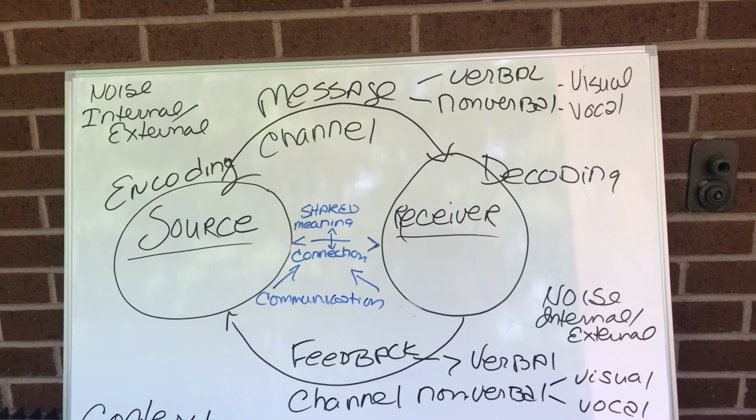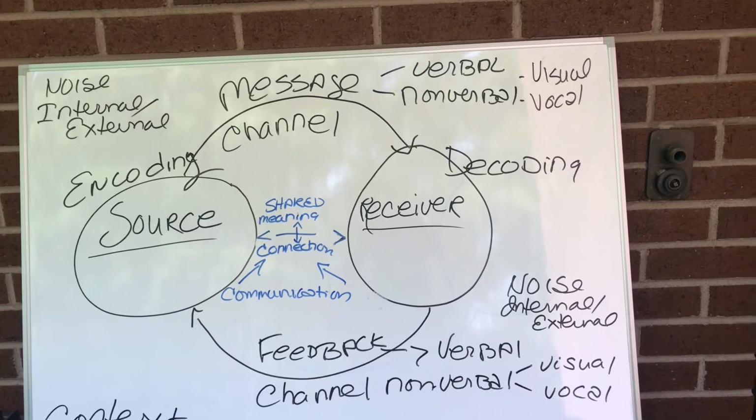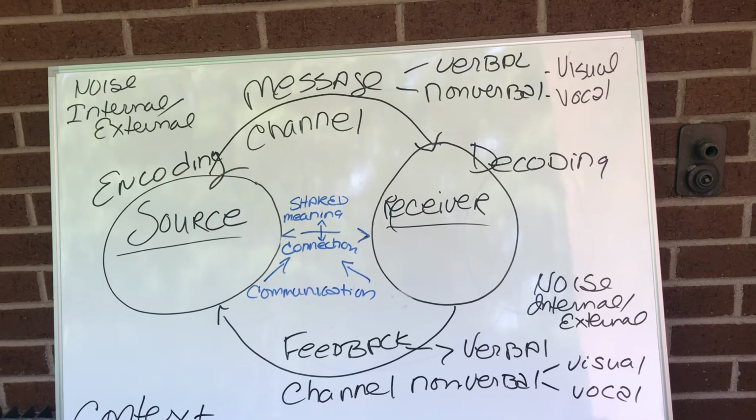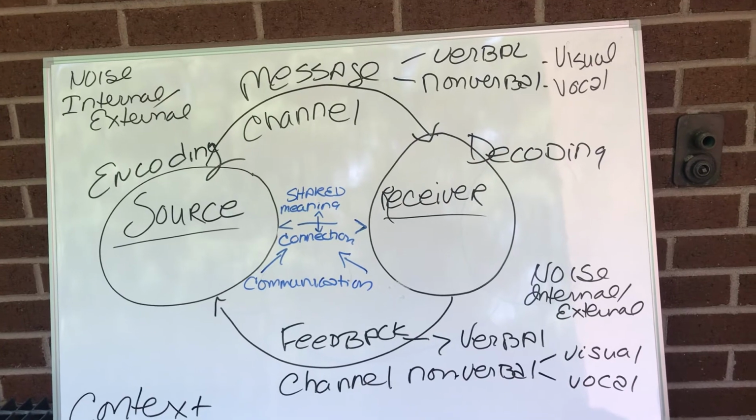So the message is divided between two basic parts, verbal and nonverbal, and then nonverbal is broken down into the visual and the vocal. And we will talk more about these as the semester goes on.